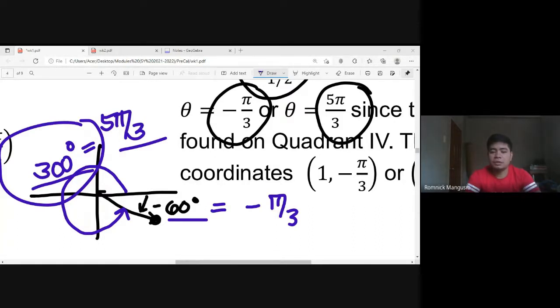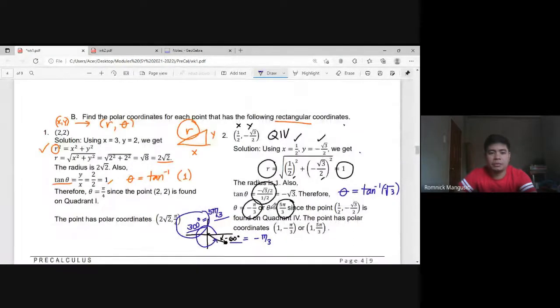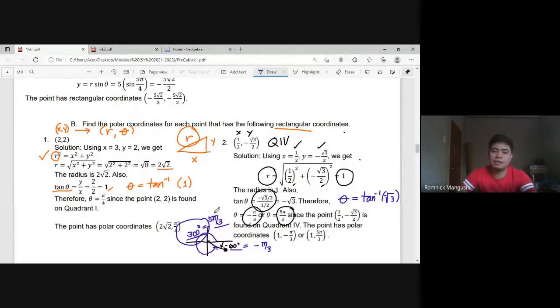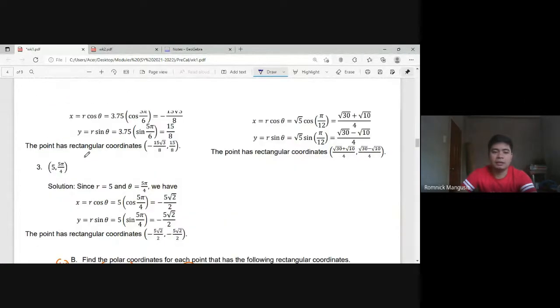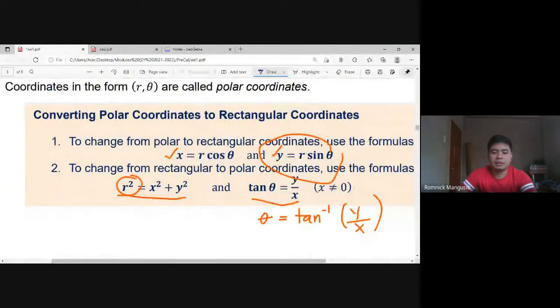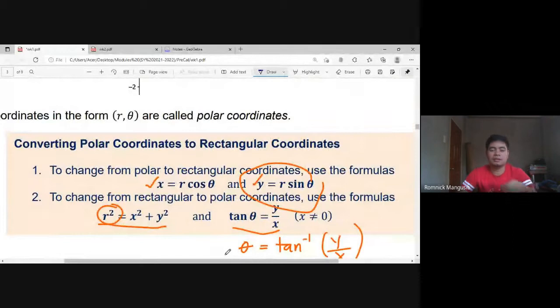Okay, so to test if you understood these two, I'm now going to let you answer two questions again and take note of the formulas. That when you are changing the polar to rectangular coordinates, you're using these formulas.